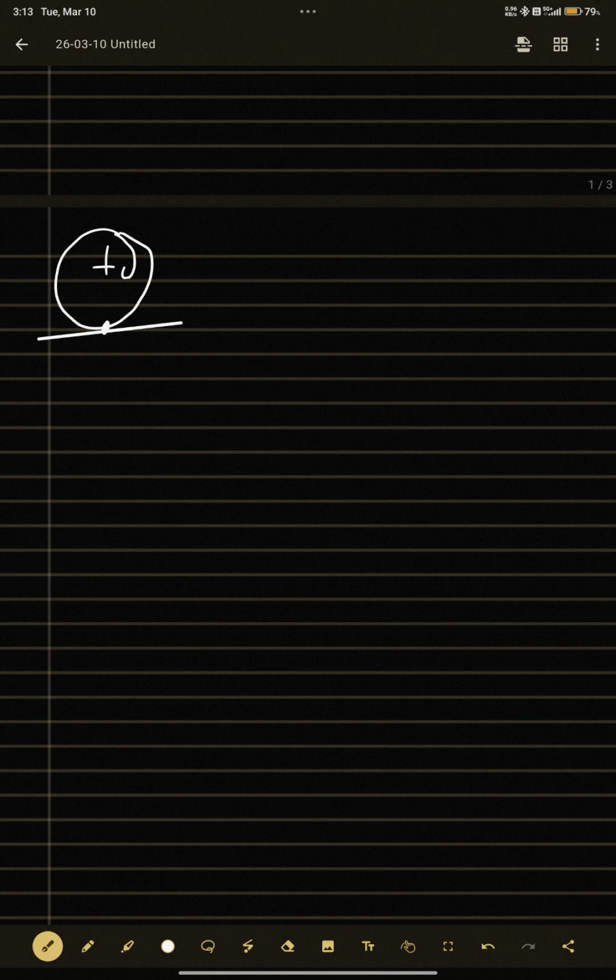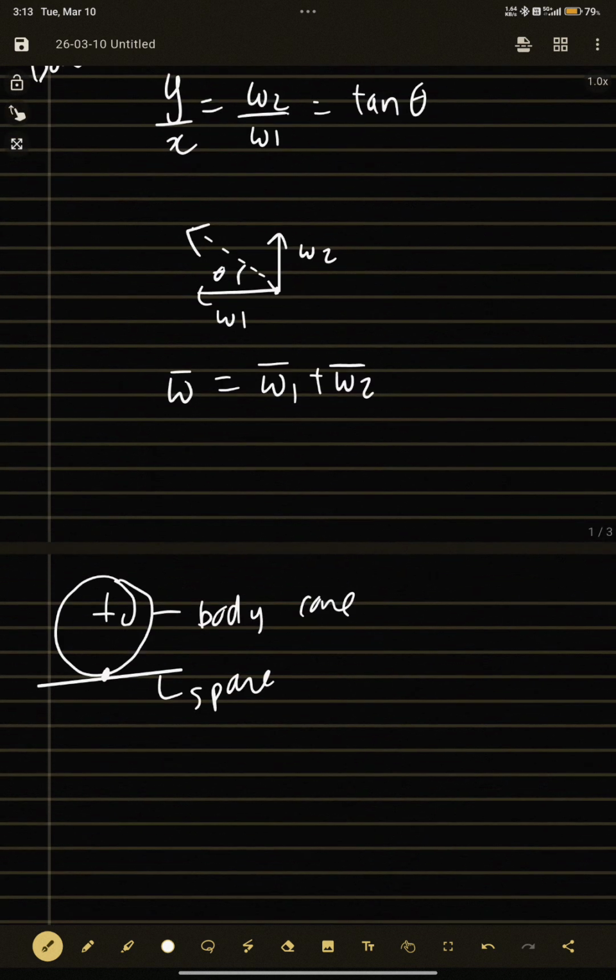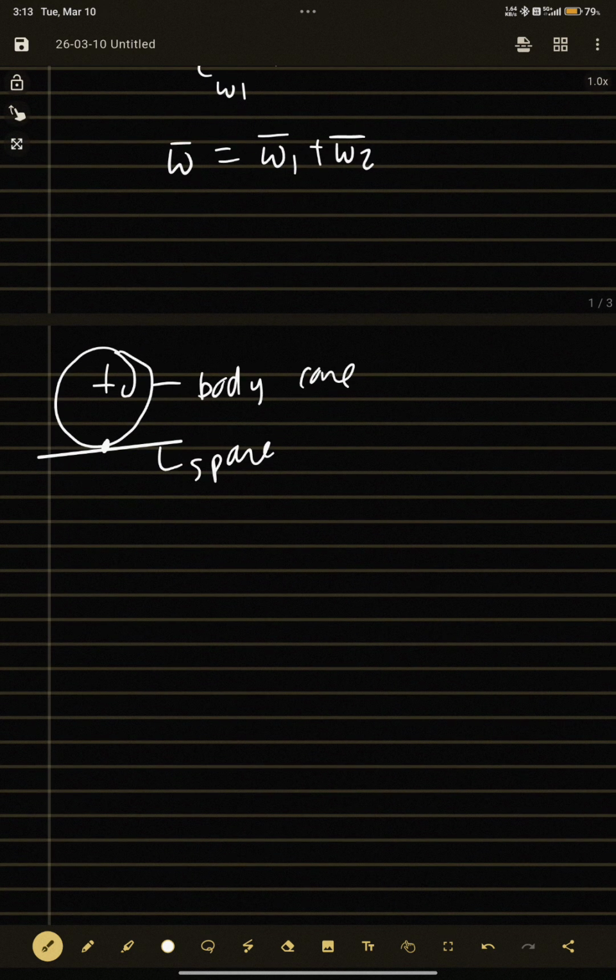Like this becomes the body cone, let's say the example, and this becomes your space cone. Now in this case, it is a point contact which is at rest. Here this is the line of contact which is at rest. So this line of contact is instantaneous axis of rotation.